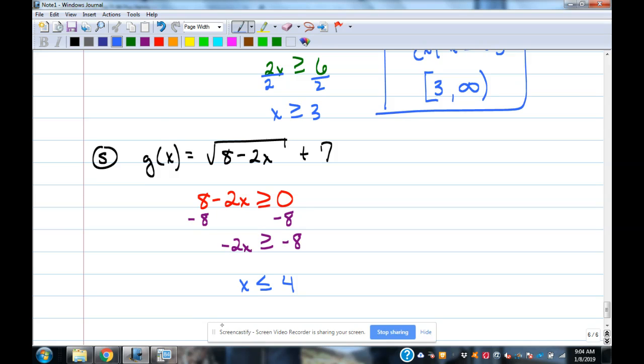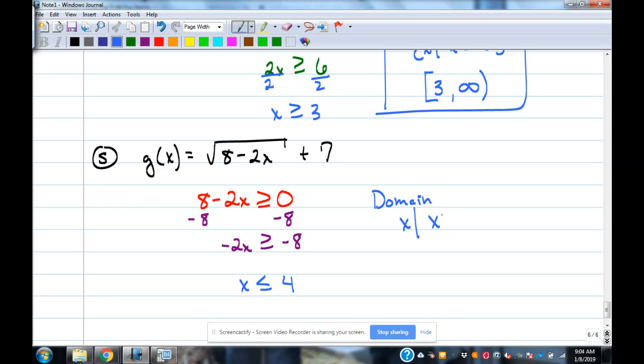Be careful. Why did my symbol flip? Divided by negative. Don't forget that little simple rule that can cause you to miss every one of them if you don't. If you divide by a negative or multiply by a negative when solving inequalities, you have to flip your symbol around. Okay. Domain then.